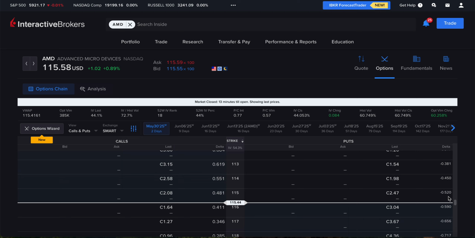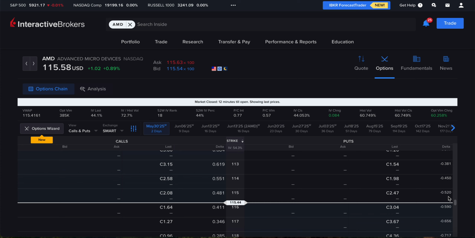Okay, so that's the explanation of delta, but here's the catch. This is only a rough estimate, not a true probability. So delta is a dynamic number. It changes as price, time, and volatility change.